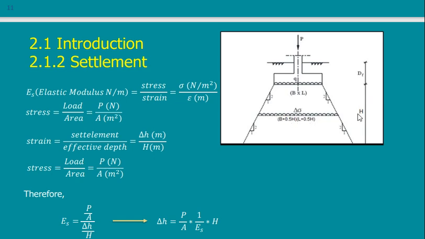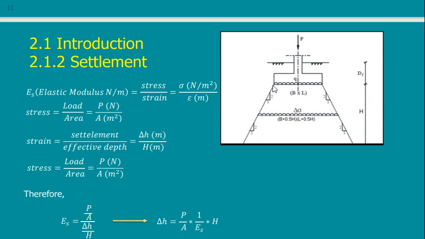So this is the new area. So I take the load now. This is the area that will be affected. I can now take the stress here. The stress is the load, which is P, divided by this new area. This load and this area simulate everything above and below. Why?